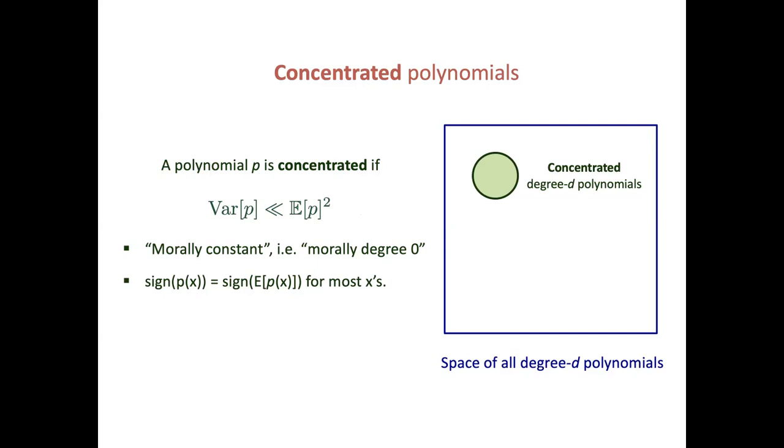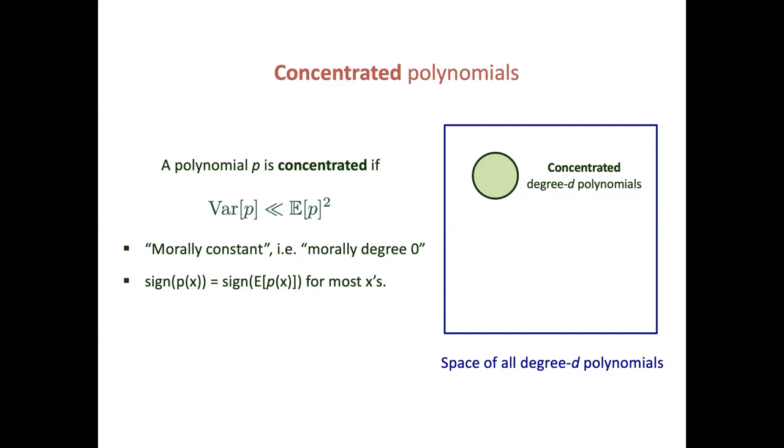So even though syntactically P is a degree D polynomial, for all intents and purposes, it behaves as if it were a constant function or degree 0 polynomial. And one way in which this condition implies that it's morally degree 0 is that for most inputs x, P of x takes the same sign as the expectation of P of x. So that's the definition of a concentrated degree D polynomial. It's one which is morally degree 0.